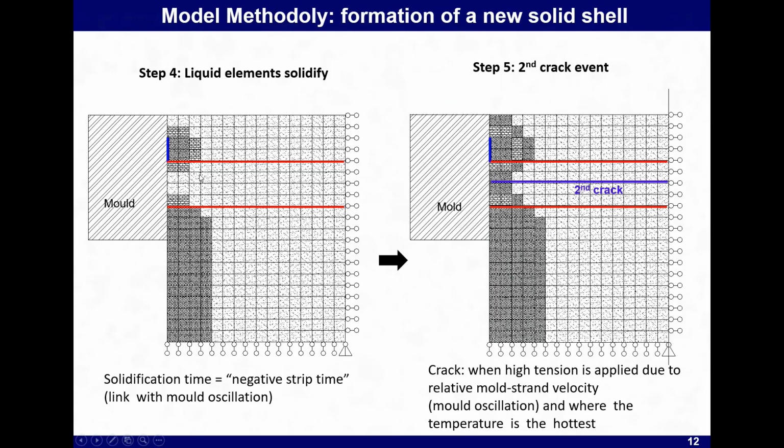And so this liquid steel will solidify during a part of the period, and at one moment, as we are still applying the tensile effort on the slab, and there is still a high velocity difference during the oscillation movement between the mold and the slab, you will have a new crack.